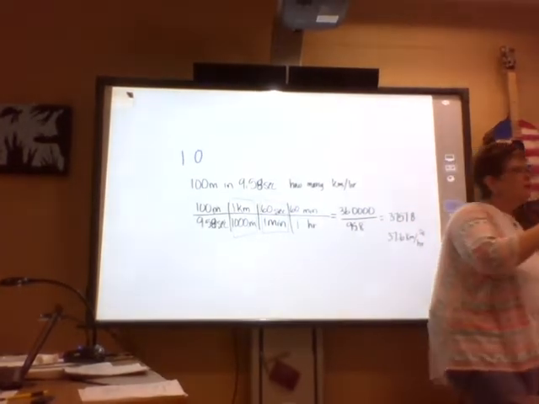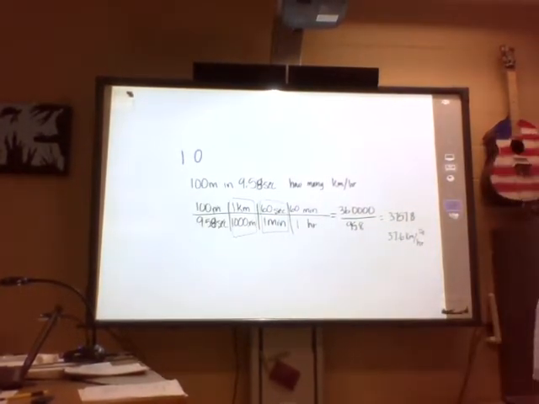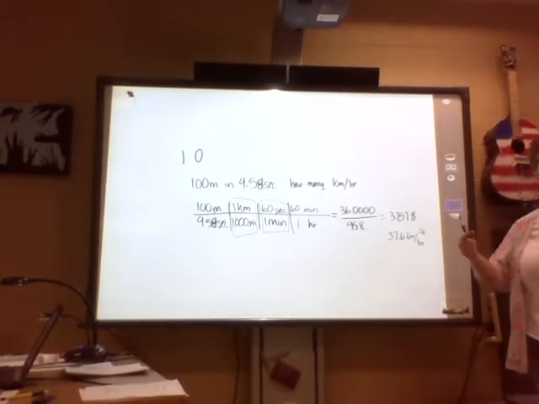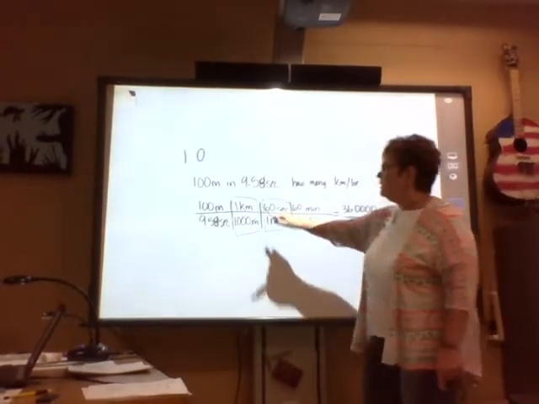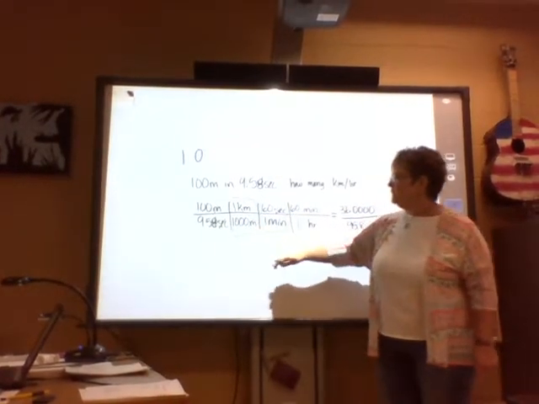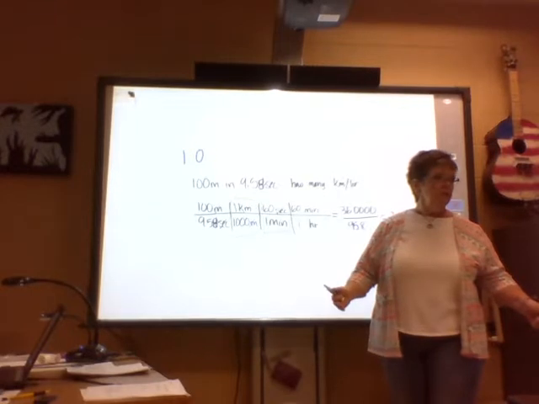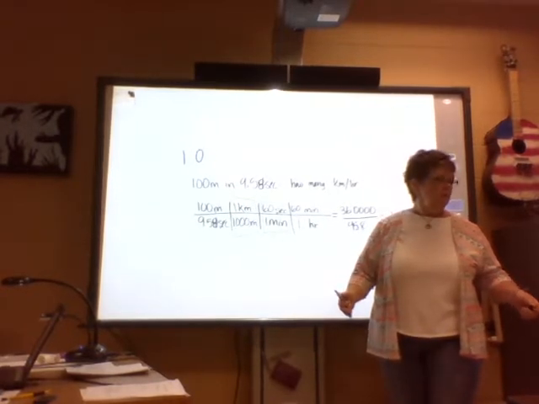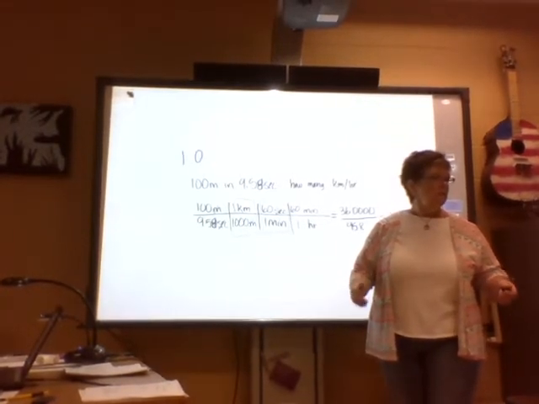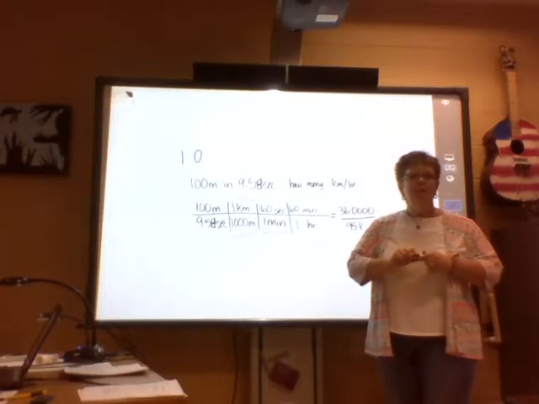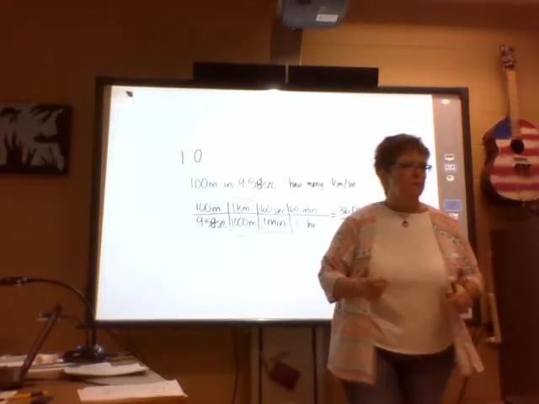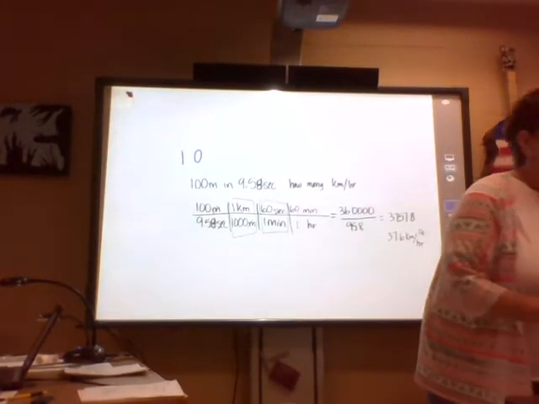We know for a fact you can multiply any number times 1 and you get that same number back. Now we have the option of choosing what that 1 is. In this case, 1 kilometer is 1,000 meters. 60 seconds is 1 minute. This is going to come into play later on in many of our problems. This is called dimensional analysis.